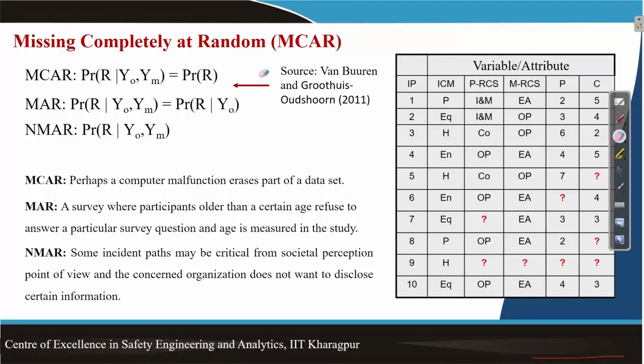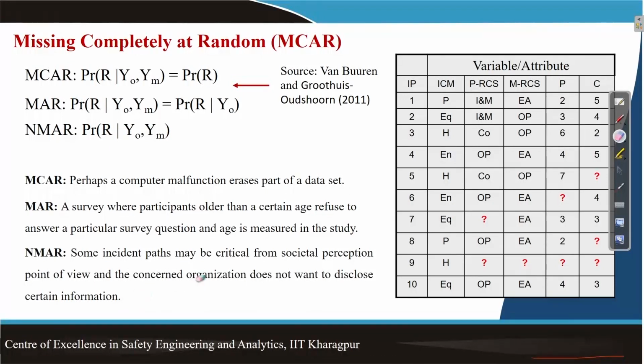That means when you talk about missingness, we basically talk about missing completely at random, missing at random, and not missing at random. Not missing at random means there are certain reasons, and those are to be explored.